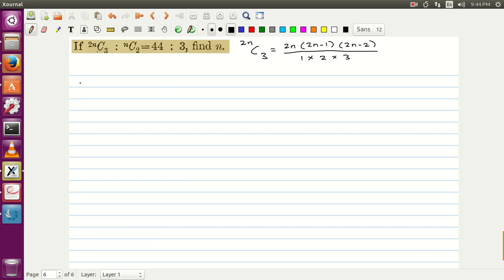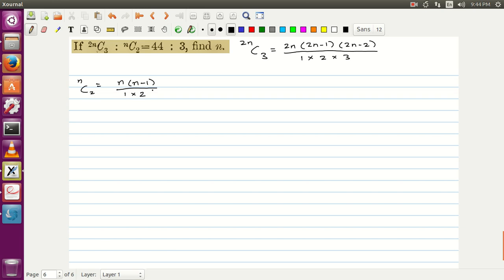How can we write nC2? Similarly, we can write nC2 as n. How many terms will be there in the numerator? Only 2 terms, right? Because it is nC2. So it is n times n minus 1 divided by 1 times 2.